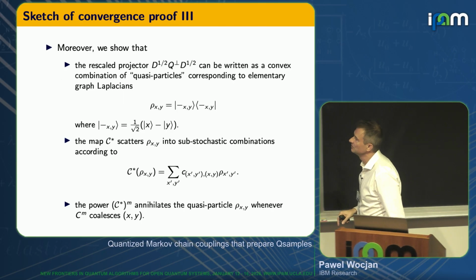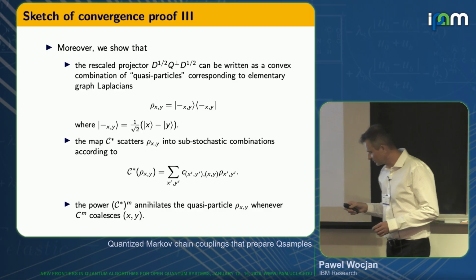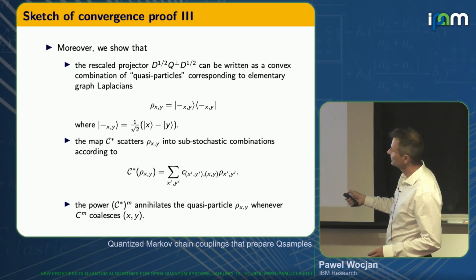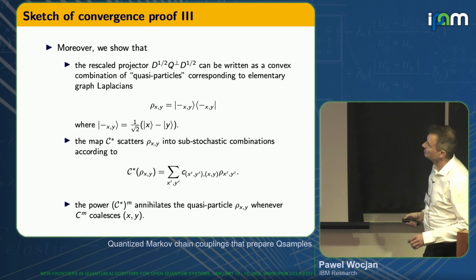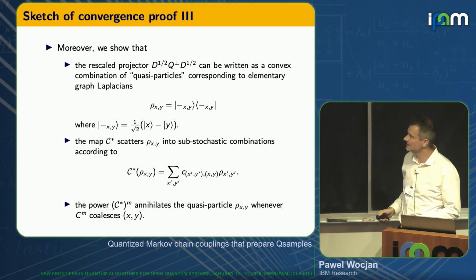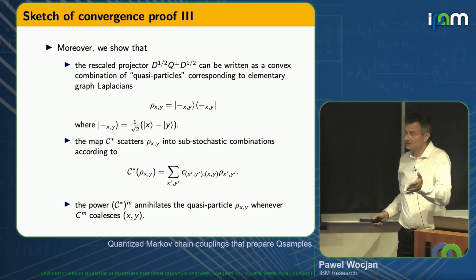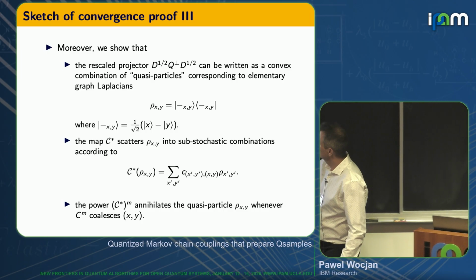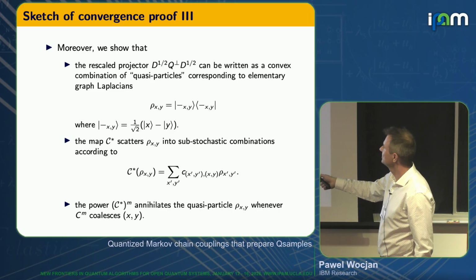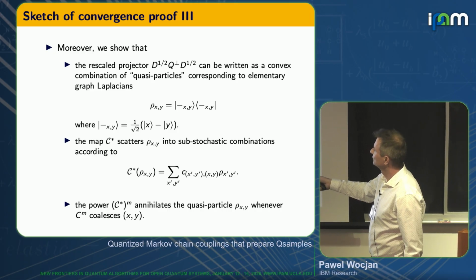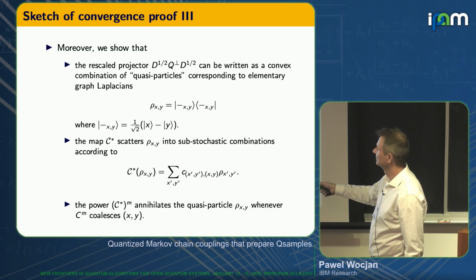Let me continue a sketch of the convergence proof. Here I have to sweep some details under the rug, but just to give you the intuition of what Kristen and I showed: this rescaled projector can be written as a convex combination of quasi-particles.